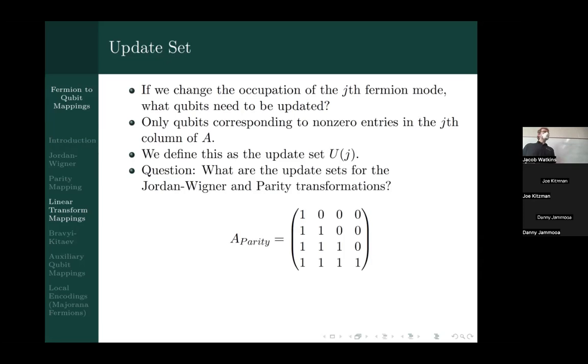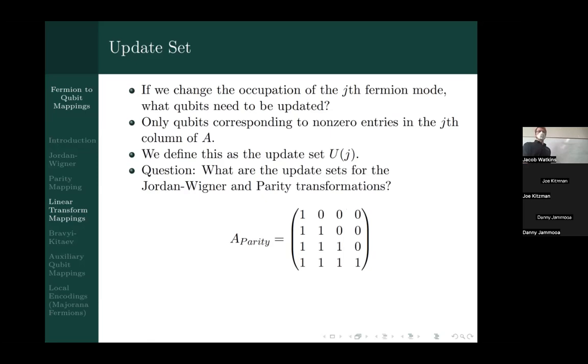But does it generally make sense to people why we get the correct update set for the parity transformation? So the non-zero entries are the ones. What do you mean by updated? Flipped between 0 and 1, whichever way.